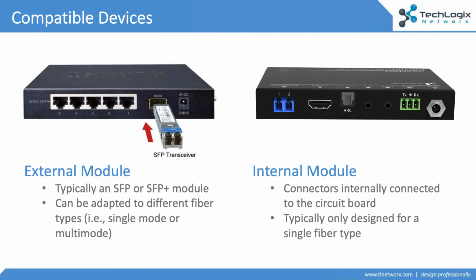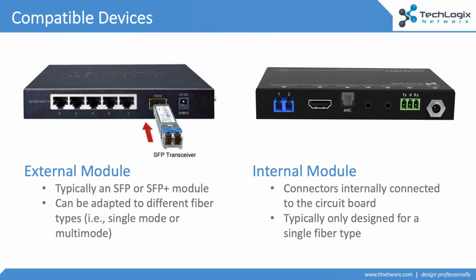Electronics are another big factor, and we will talk about this in a lot more detail in a minute, but it's very important when you're designing a fiber optic infrastructure to understand what's connecting to that cable. There are two different ways that manufacturers will build devices, and it really will affect your thought process. Some devices have an external module for their fiber optic connection.